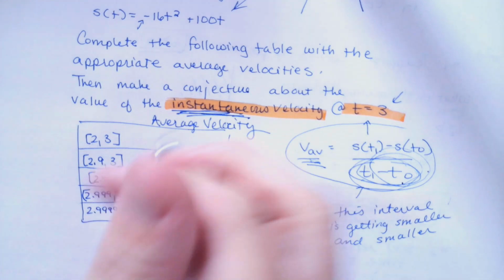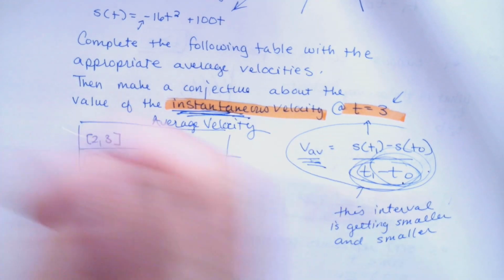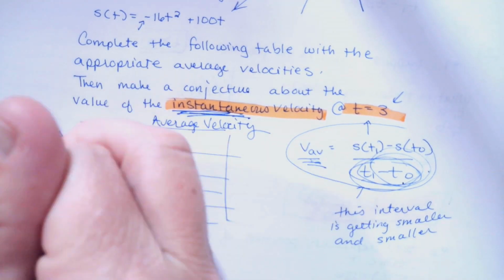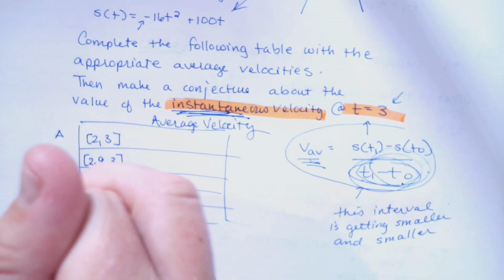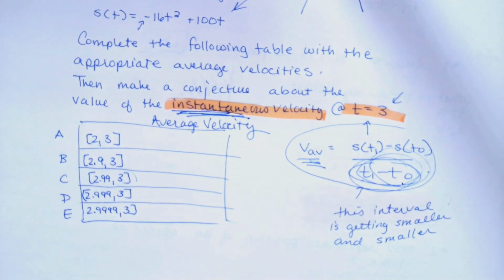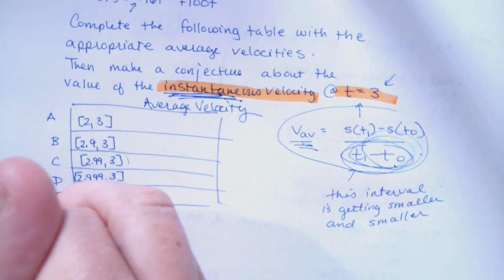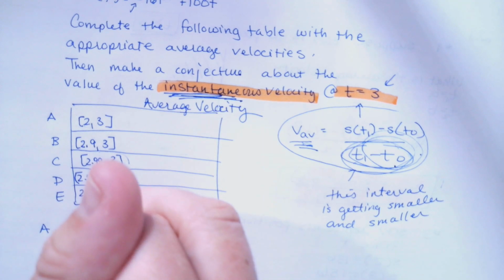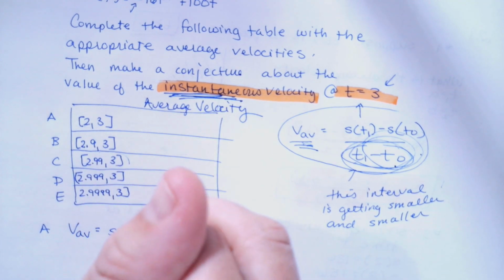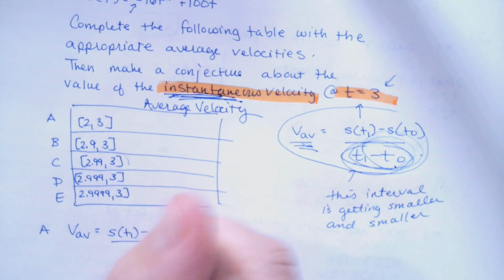And so what I'm going to do here is label these A, B, C, D, and E. For A, V average equals S of T1 minus S of T naught over T1 minus T naught.